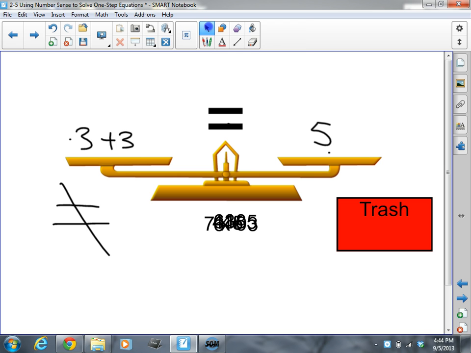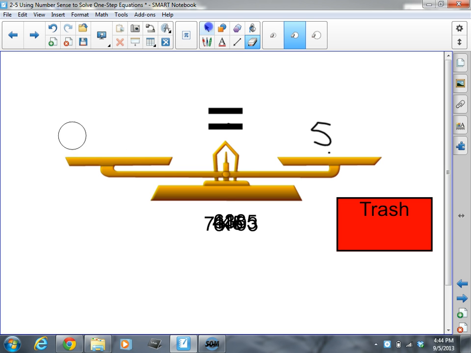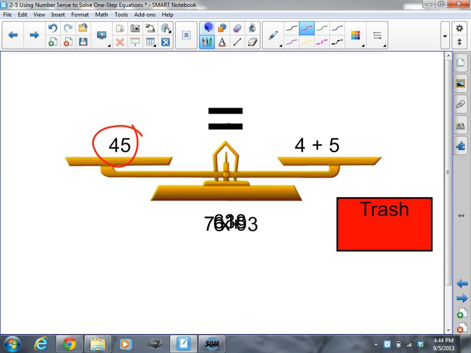Let's do some other ones because there's actually a nice term we use for this. So let me pull one out. 45, and then 4 plus 5. So the question is, does 45 equal 4 plus 5? Well, the answer is no. It is not equal. It is unequal.